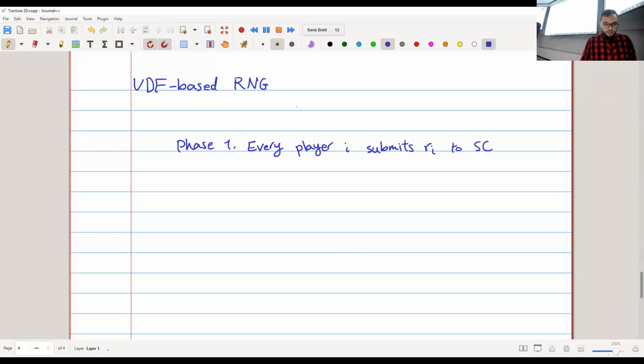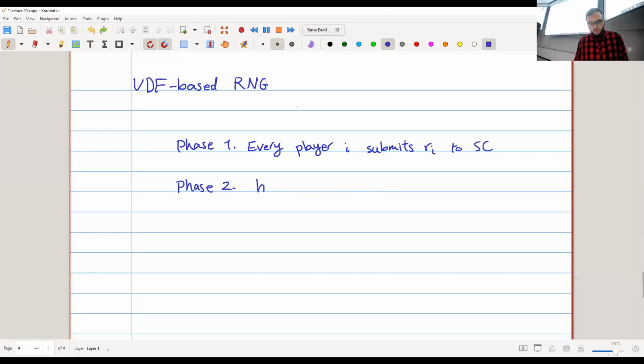Now, this is phase 2. In phase 2, I'm going to actually use a hash function. I'm going to say that H is the hash of all the R_i's. So hash of R_1, R_2 to R_i. I can also just use the sum.